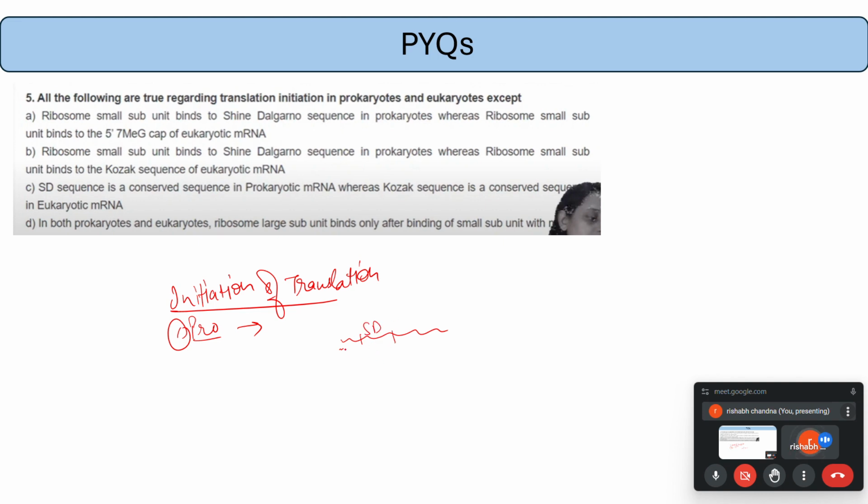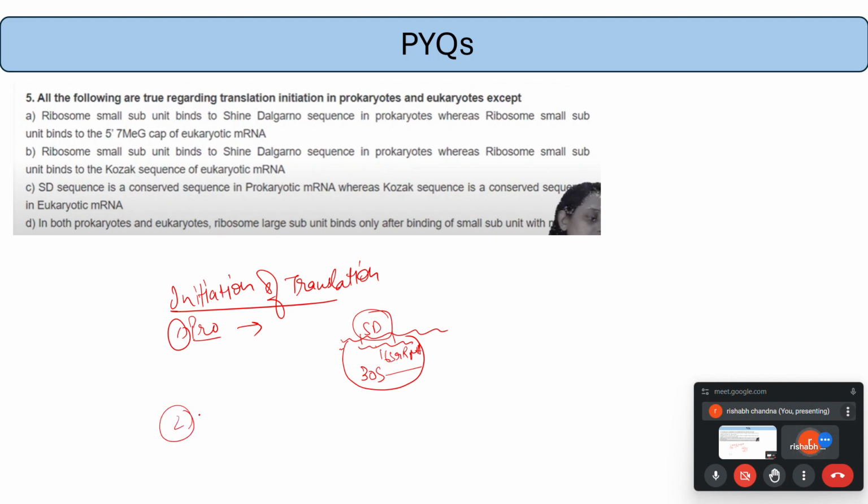This is bound by the small subunit of ribosome that has 16S RNA. So this recognizes the Shine-Dalgarno sequence in prokaryotes. This is the binding of the small subunit with the mRNA.